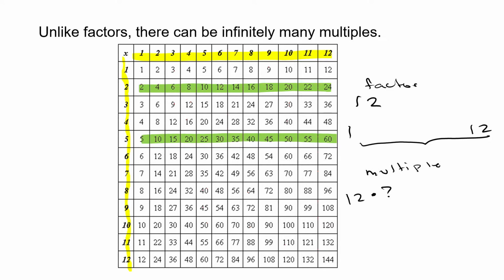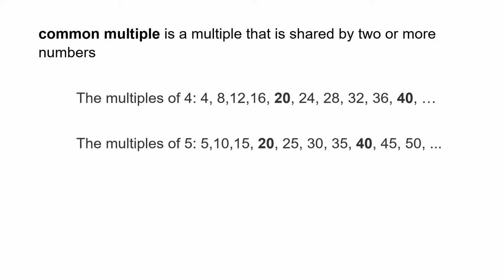So, since multiples can be infinitely many, what are common multiples? They are multiples shared by two or more numbers. It's like a common factor. The multiples that appear for both numbers are common multiples.